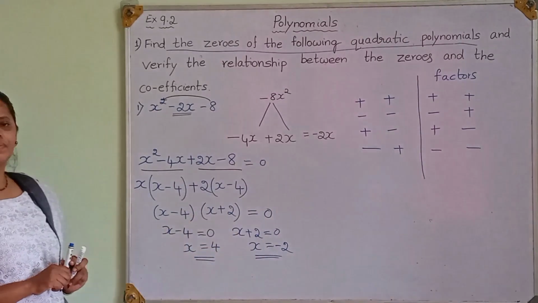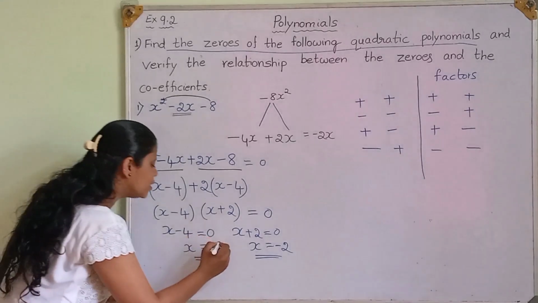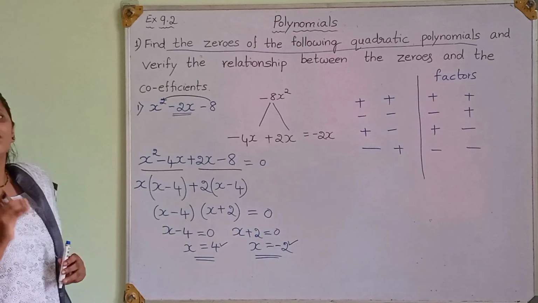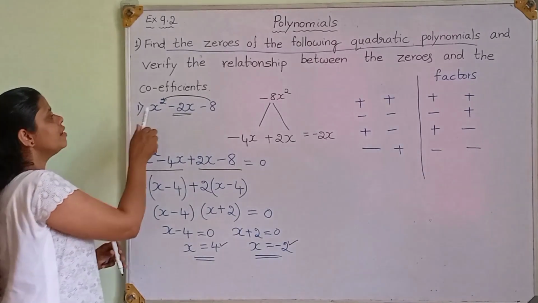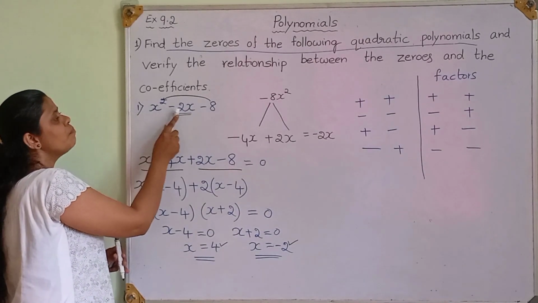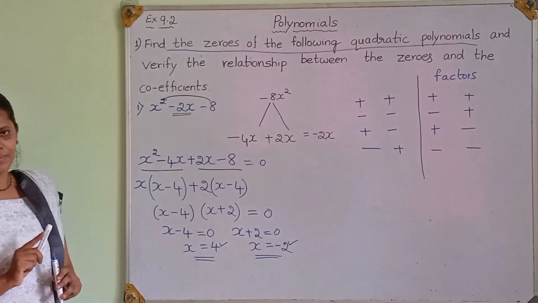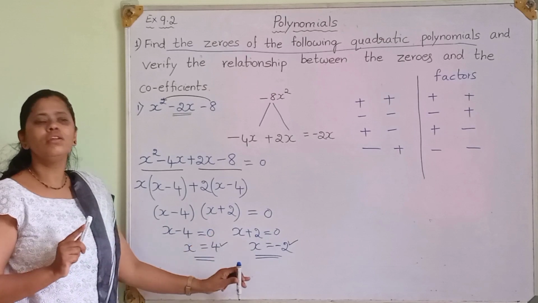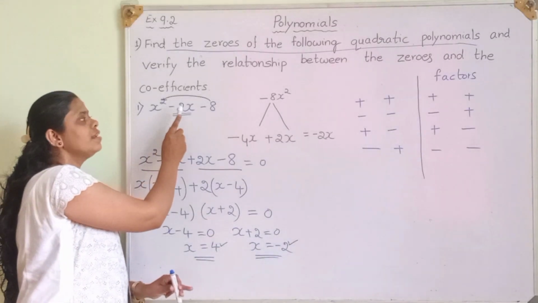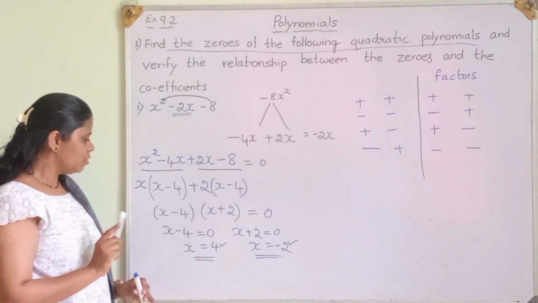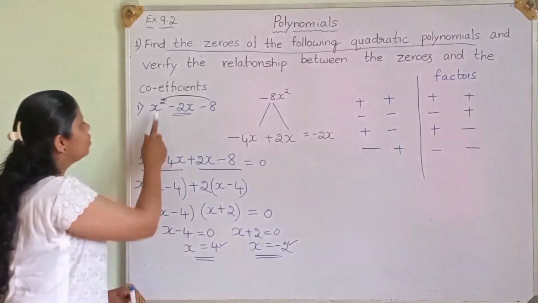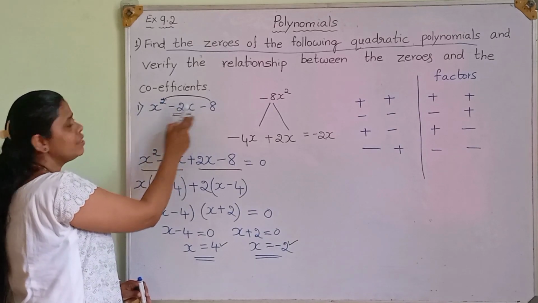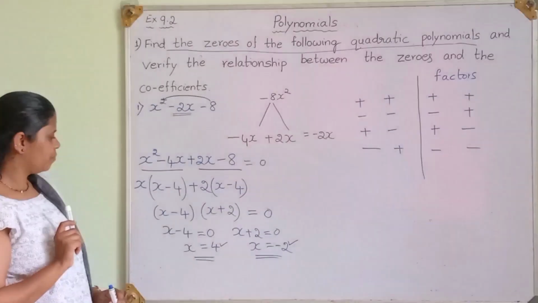What will we call this 4 and minus 2? These are the zeros of the polynomial of the quadratic equation x square minus 2x minus 8, because when we substitute 4 in the place of x, we will get this equation as 0.